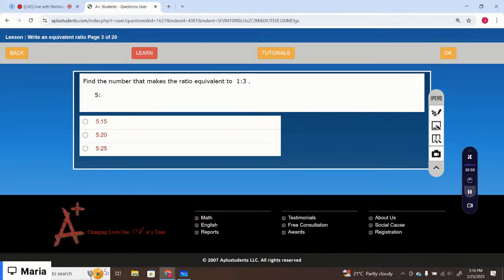Find the number that makes the ratio equivalent to 1:3. Which is the correct option?